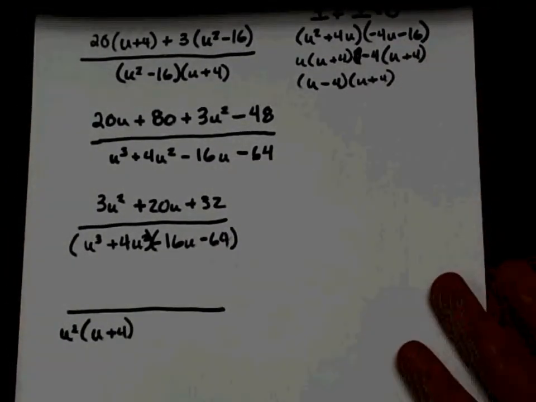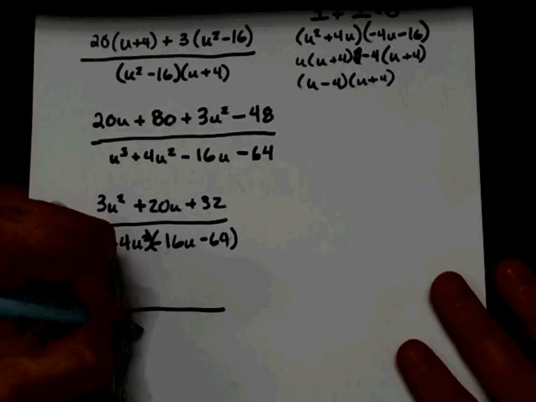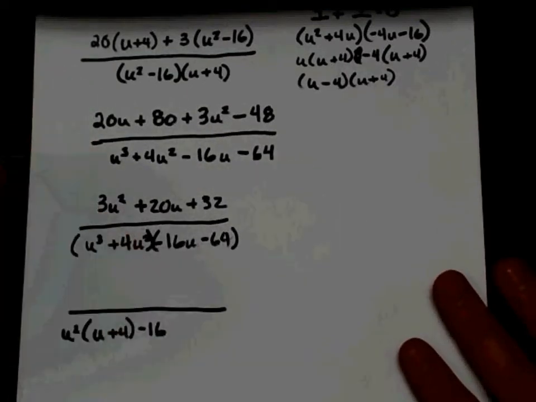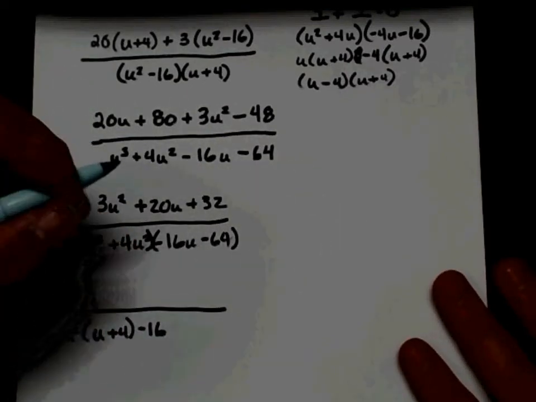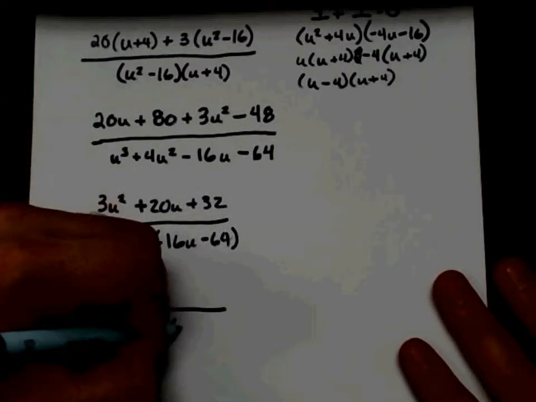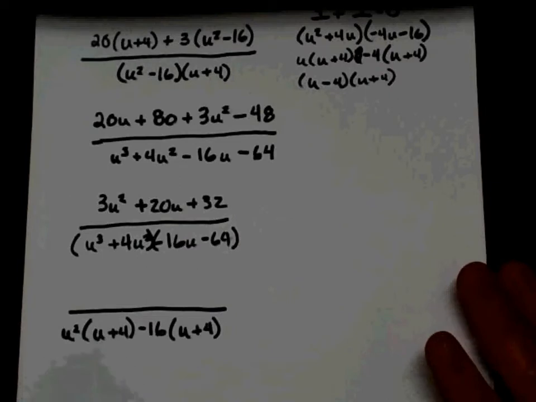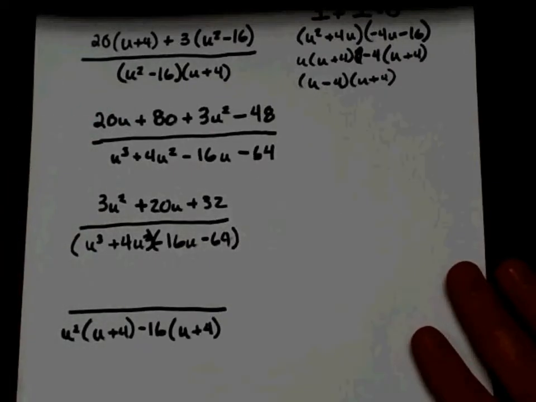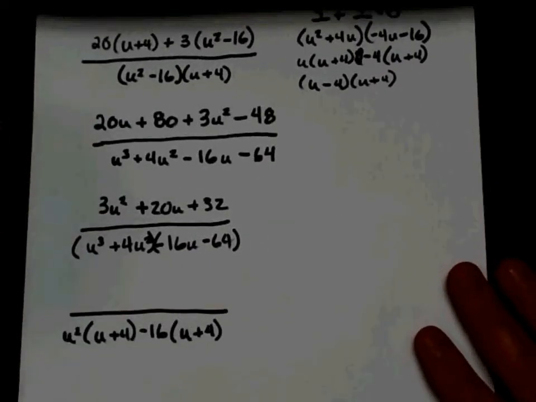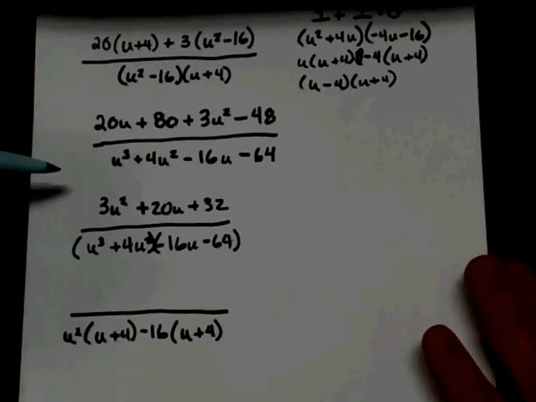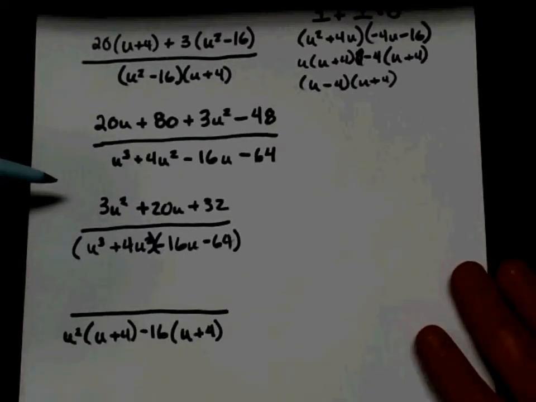This one is going to factor out a negative 16, and that's going to leave me u plus 4. Okay, so that's what my bottom is going to factor out to be. I don't think it factors any further.